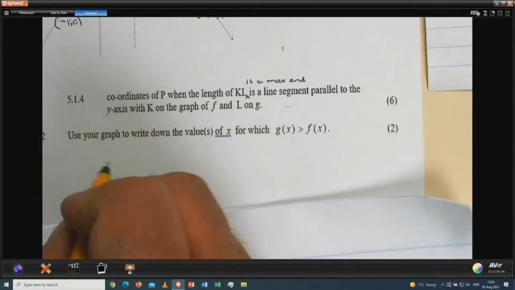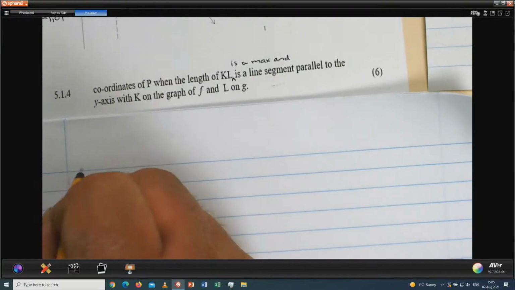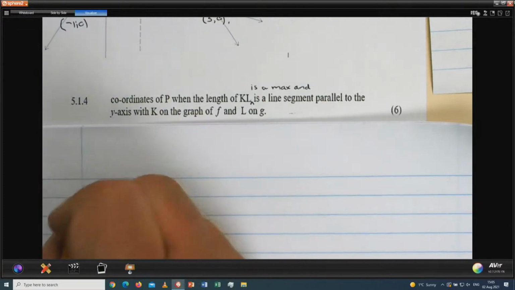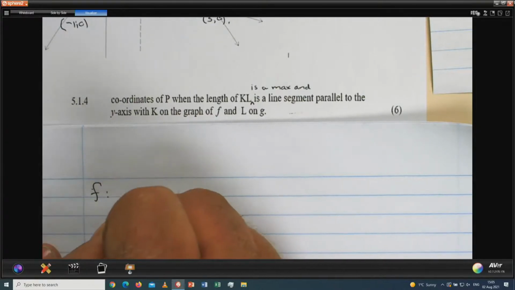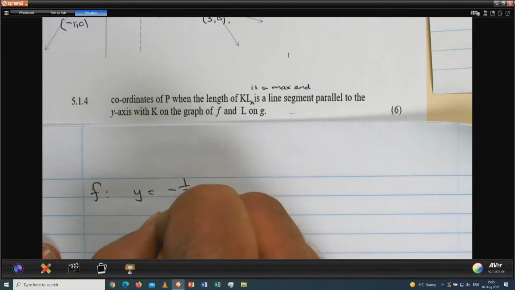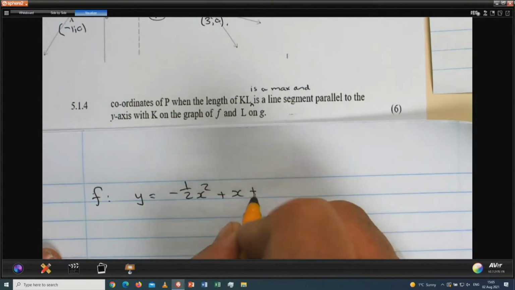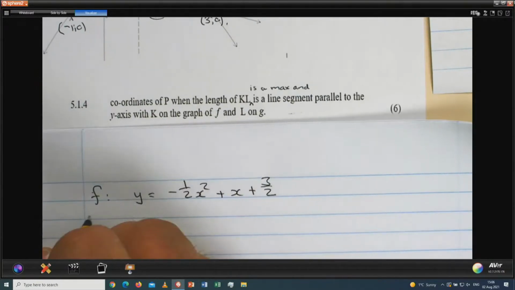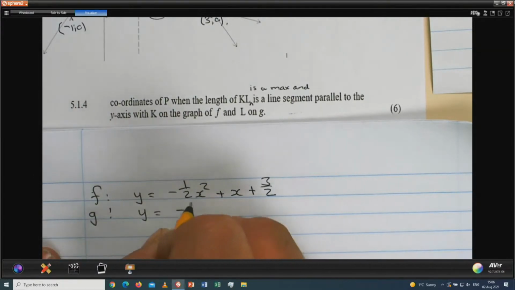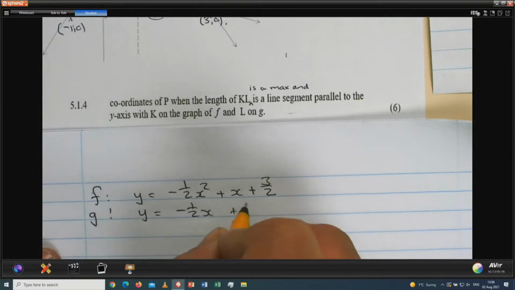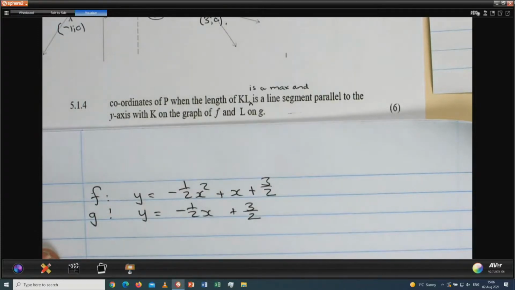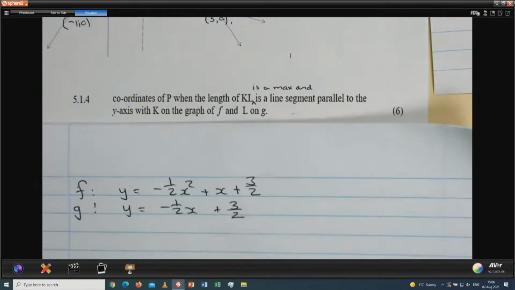So the parabola's equation, which is f, is given by y is equal to negative a half x squared plus x plus 3 over 2. And g, which is the straight line, is given as y is equal to negative a half x plus 3 over 2. Now the next one is KL.